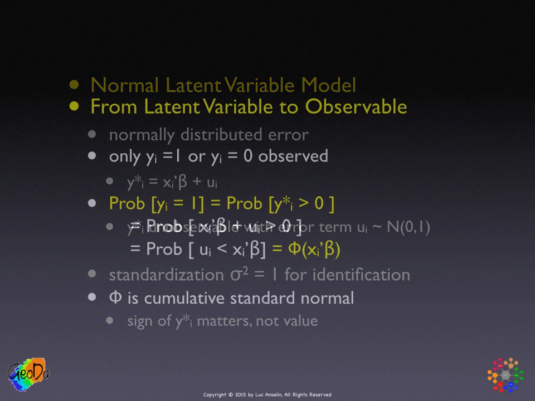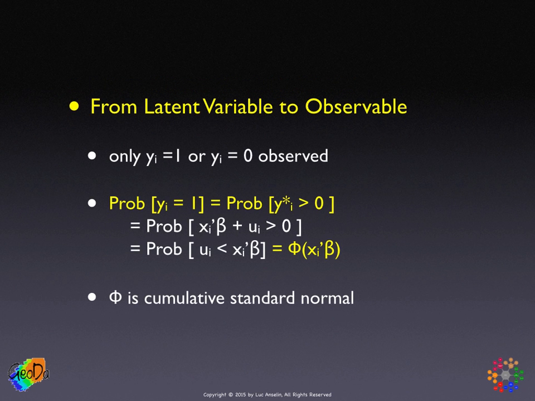Okay, then as before, we switch from the latent variable to an actual observable with the same probability condition. To observe a 1, we need the latent variable y star sub i to be positive. Remember, the sign matters, not the value.